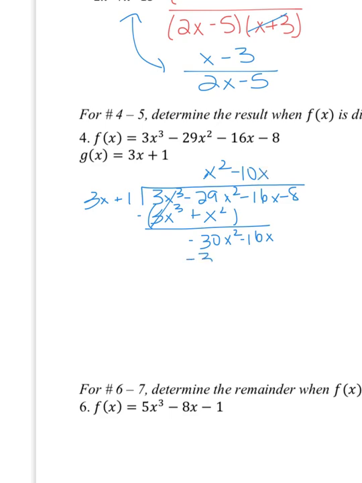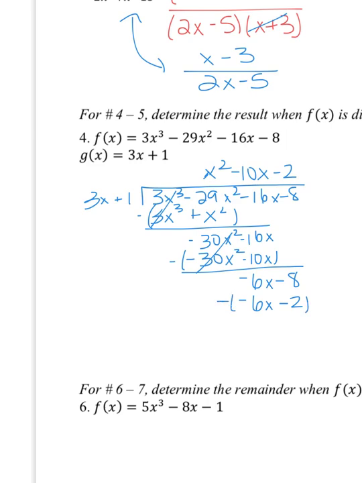Multiply that out, I get negative 30 x squared minus 10x. I put that in parentheses and I subtract again. Negative 30 minus negative 30 cancels out. Negative 16 minus negative 10 is a negative 6x, and then this minus 8 gets brought down next. Negative 6x divided by 3x is negative 2. Multiply that out, I get negative 6x minus 2.